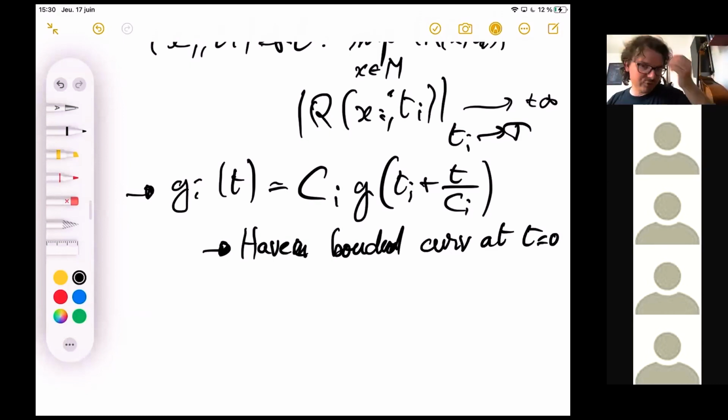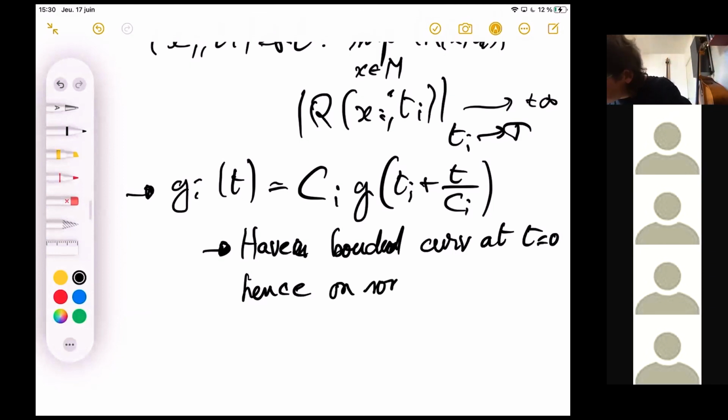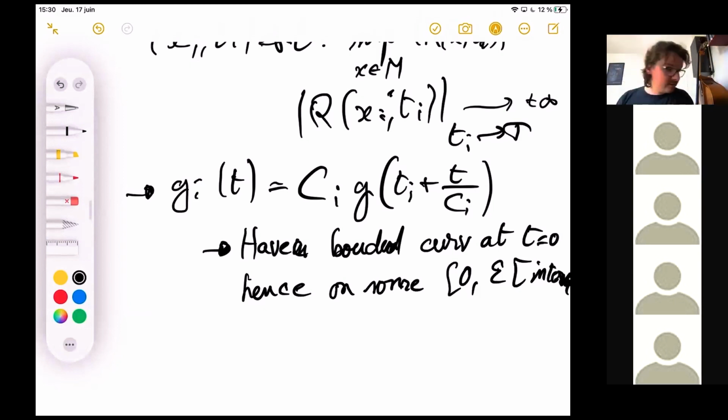And with the maximum principle argument, again, involving the norm of the Riemann curvature, you can show that you actually have a uniform bound on some 0 epsilon time interval. Okay, so what else does it have?